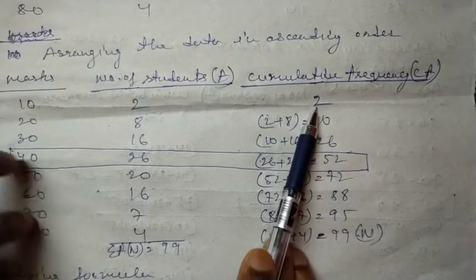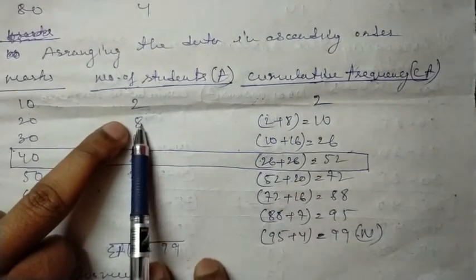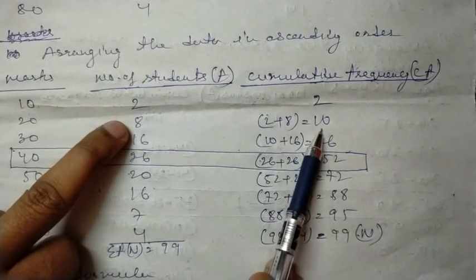Then add the second frequency: 2 plus 8 is 10.